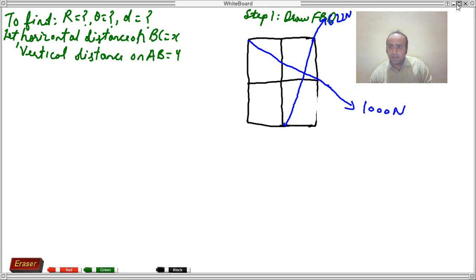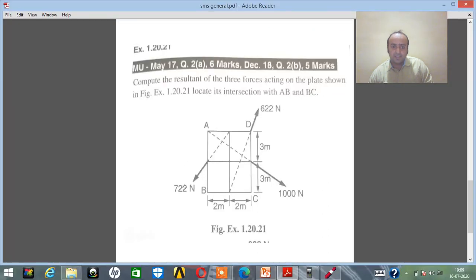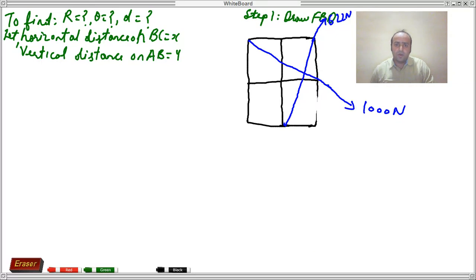Can check the question's diagram once again. And last is 722 Newton. So I can draw it over here, my dear friends, like this. So this was 722 Newton.